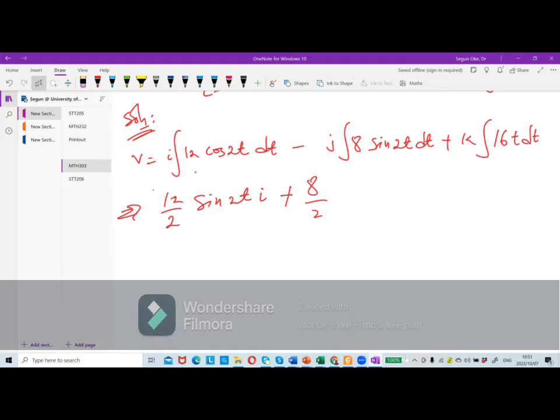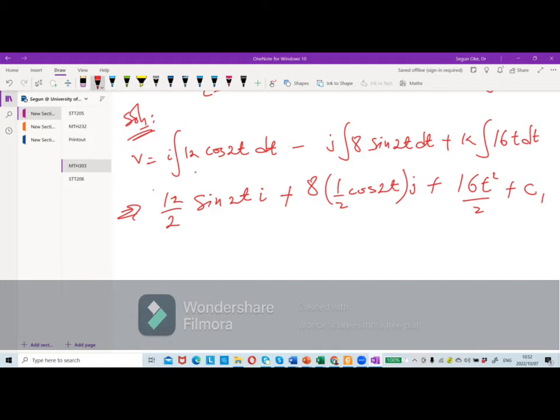Where are we getting over 2? Somebody is asking that question. It's very simple: take your 8 out, you have 1 over 2 cos 2t j. The same thing happened to this. Then we have plus 16t squared over 2, everything plus c.